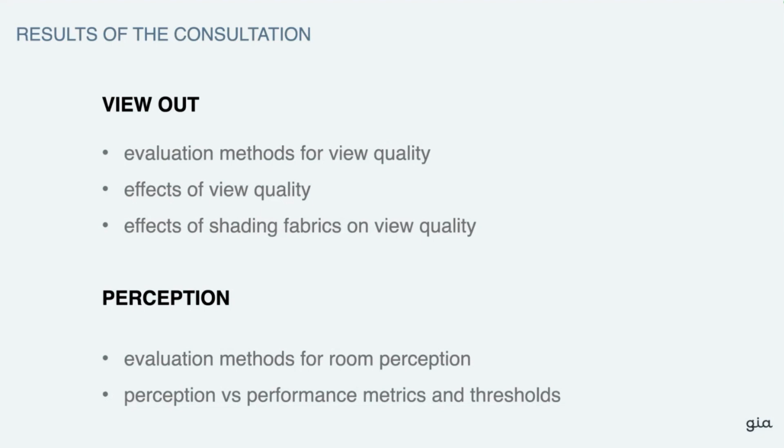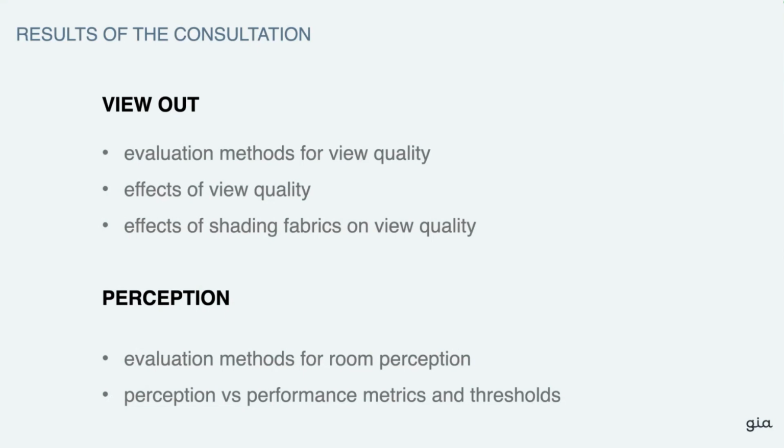Another very relevant topic that was brought up in this consultation was the aspect of visual perception, which, unlike visual performance, is mostly subjective. So the public would be interested in evaluation methods for conveying the lit appearance of a room, of the space, besides what we normally do, which is assessments on the horizontal plane.